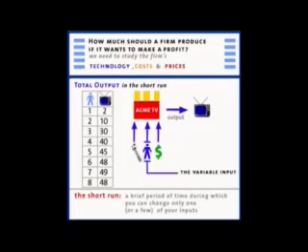Now, let me go back and define total output one more time. The total output of the variable input labor is the total amount of output that a given amount of labor can produce, holding constant technology, that is the firm's know-how, and holding constant the quantity of all of the other inputs that the firm uses: capital, the size of the factory, tools, anything else.